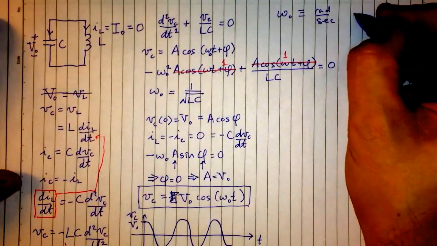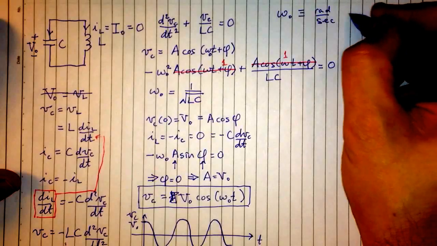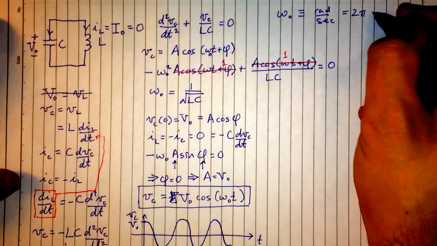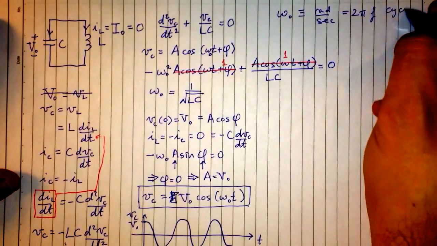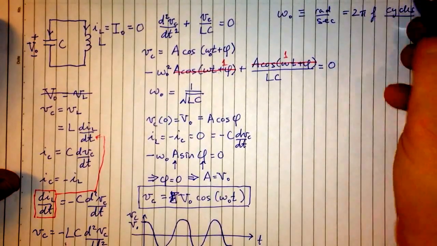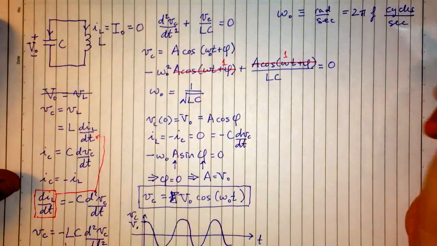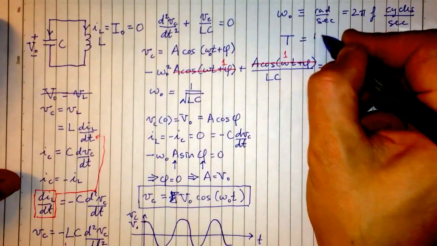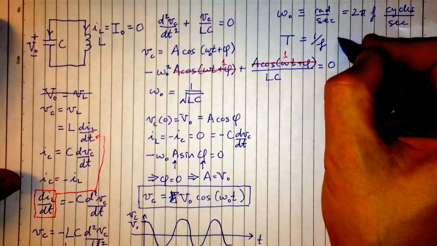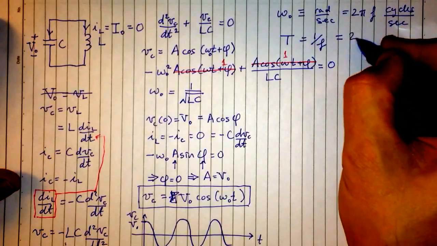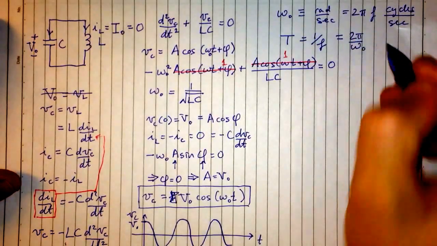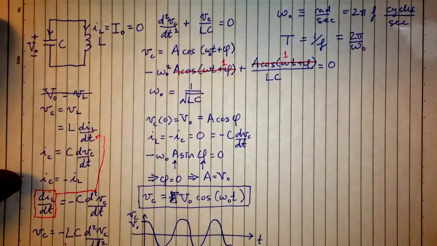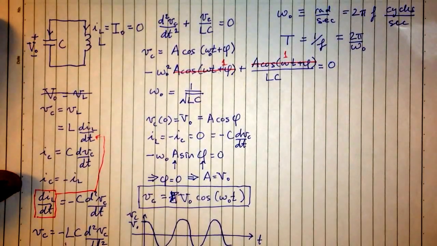That relates to traditional frequencies in hertz by a multiplication of 2 pi f cycles per second. That's because you have 2 pi radians in a cycle. And just for completeness, remind yourself that the period is 1 over the frequency for an oscillation, which is going to be 2 pi over this omega naught. So that tells us that if we go peak to peak here, we get 2 pi over omega naught.